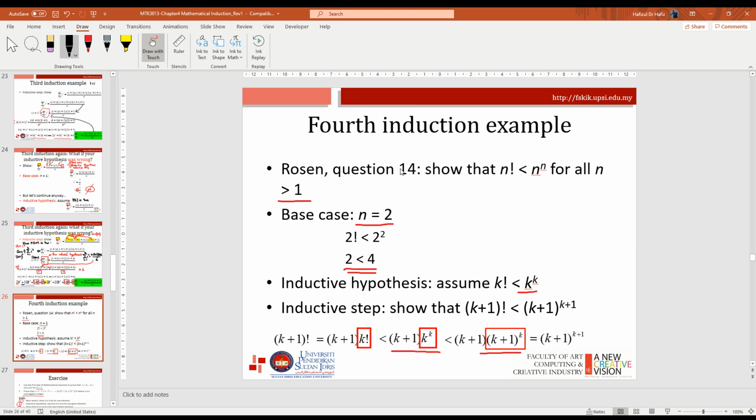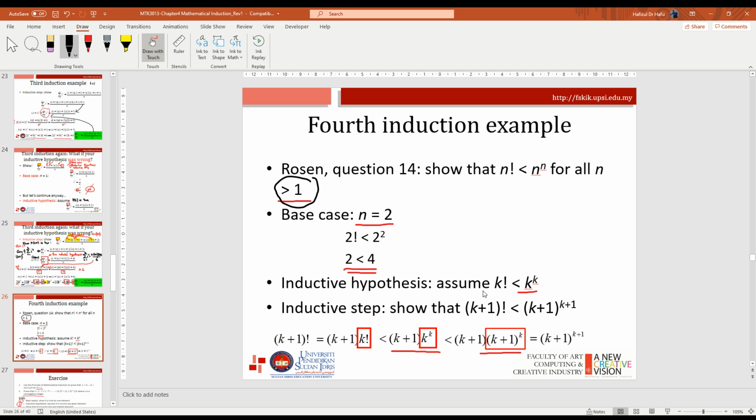And then the fourth induction example. Show that n factorial is less than n power of n for all n greater than 1. And then for the base case, n is equivalent to 2, because n is greater than 1. So we can show that 2 is less than 4.